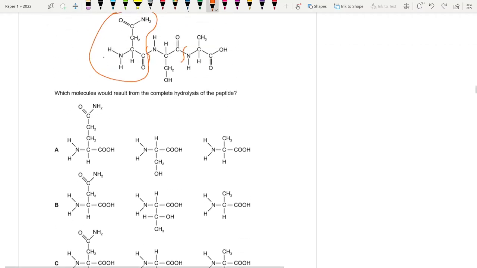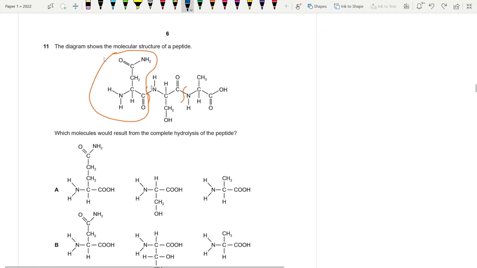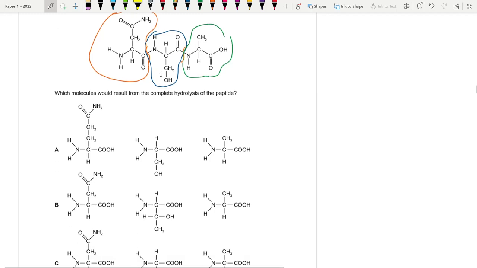What about the one in the middle? This is going to turn into NH2, right? NH2 followed by this, and this is going to turn into COH. And this one will be COH, CH, CH3, NH2. Pretty simple, straightforward, right? So let's see.